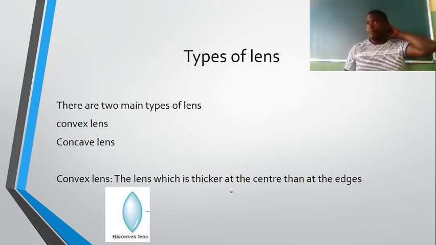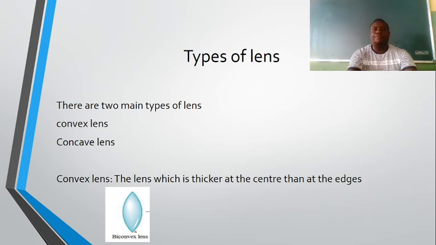The thickness starts to decrease as we go up to the edge. A lens in this form is called a convex lens.